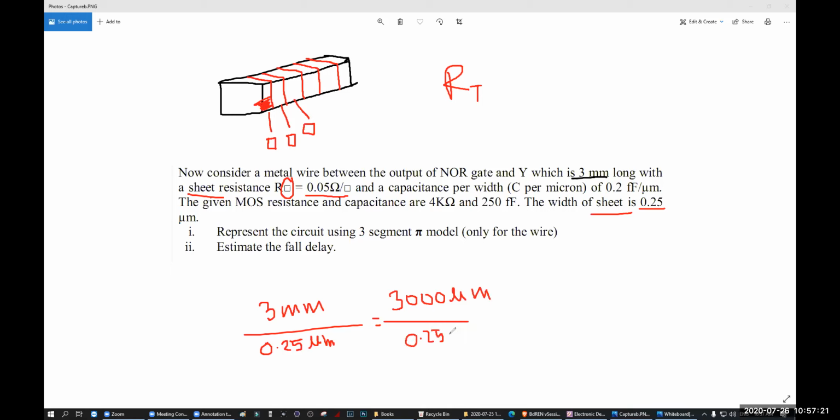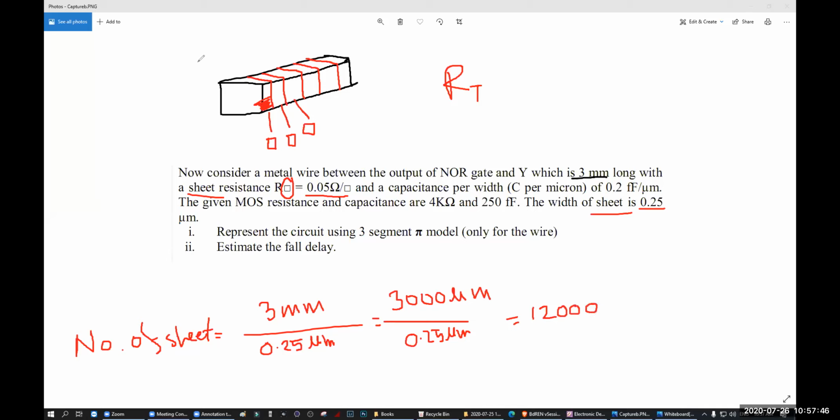Width is 0.25 micrometer. What should we write? Number of sheets equals 3 millimeter divided by 0.25 micrometer. So how much will it be? 3000 divided by 0.25. So 12,000. That means 12,000 sheets, right?